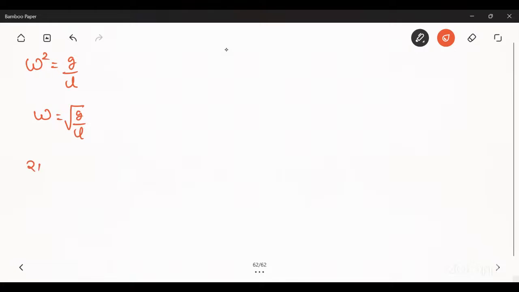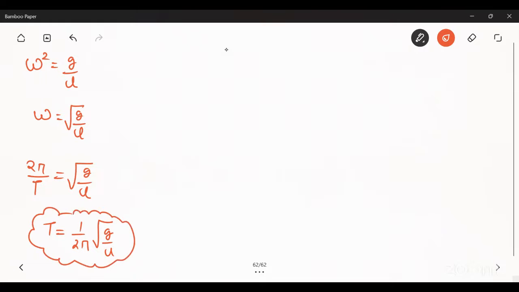The value of omega is 2 pi upon T, which is equal to under root g by L. So the value of T will be 2 pi under root L by g. So that is the time period of a simple pendulum.